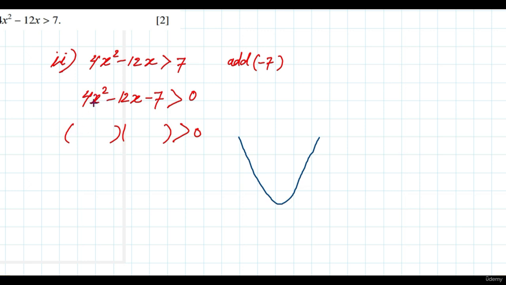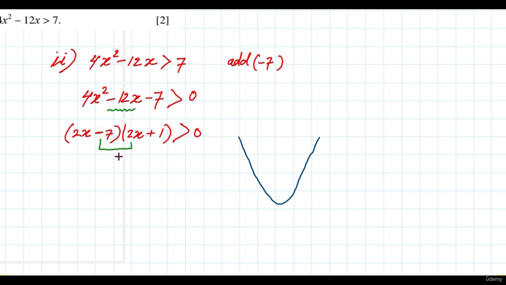We can say 4x squared is like 2x by 2x. There is one possibility to factorize 7, which is 1 times 7. If we put 7 here and 1 here, then this is positive times negative is negative, negative times positive is positive. Then we need to check if we can get the middle term or not.